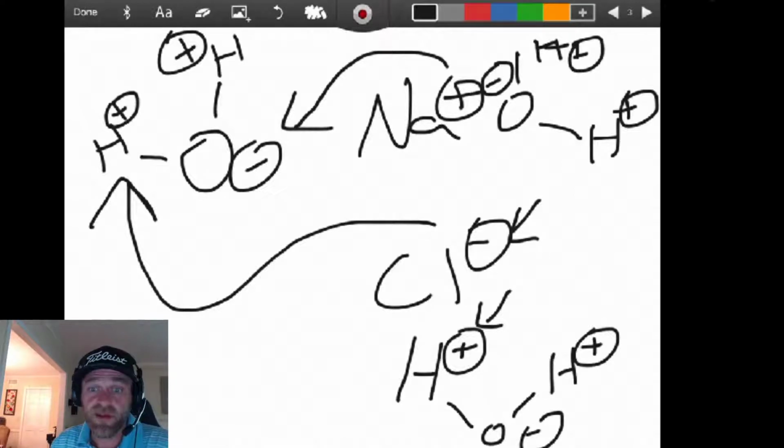I'll just put them there to illustrate that they have attraction to each other. The water pulls on the chlorine and it separates it from the sodium, the Na, and surrounds each one individually. And so when you put salt into water, it dissolves and breaks up, water surrounds it all, and that's how it equally distributes amongst the water.